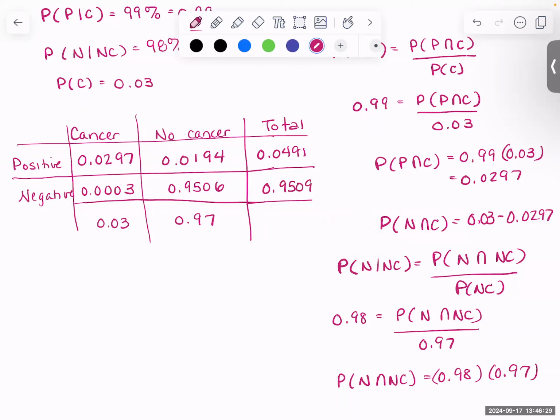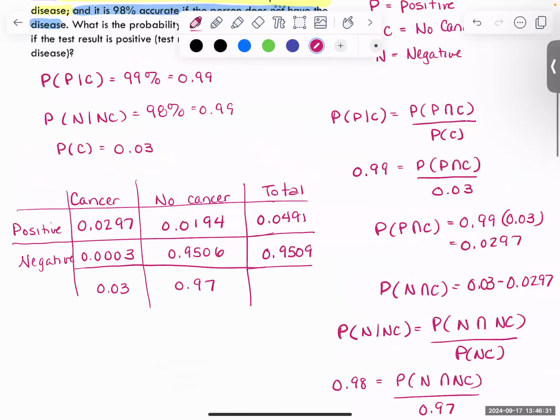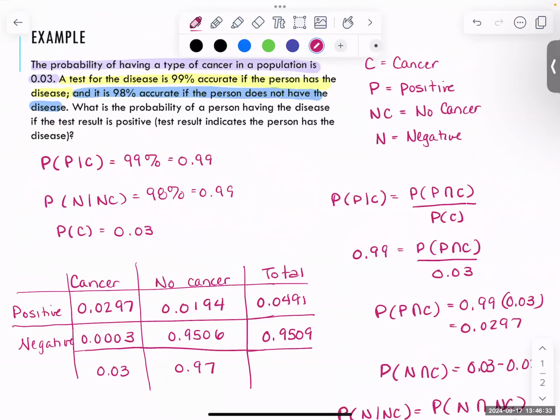Okay, and what am I looking for? Well, let's go back up and read the problem. What's the probability of a person having the disease, so they have cancer, if the test result is positive? So I actually have the cancer when the test result is positive.